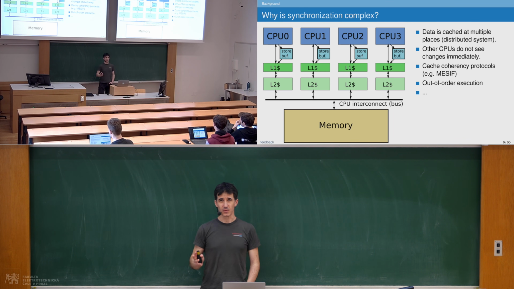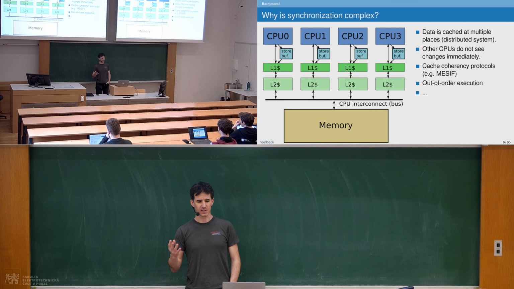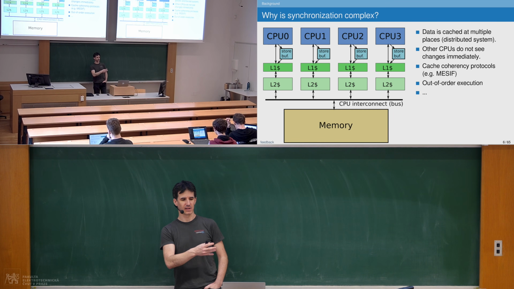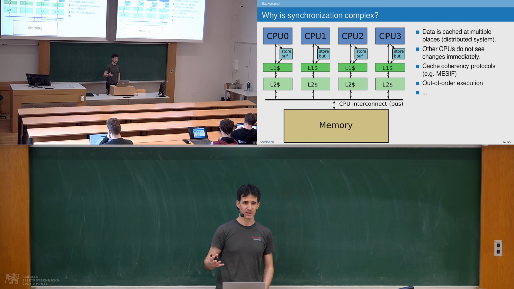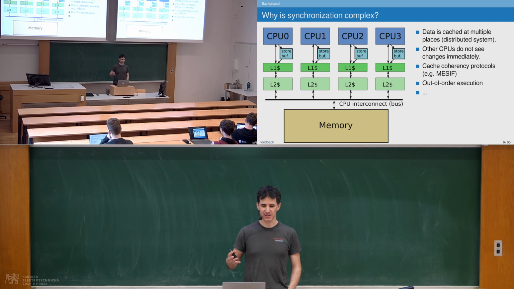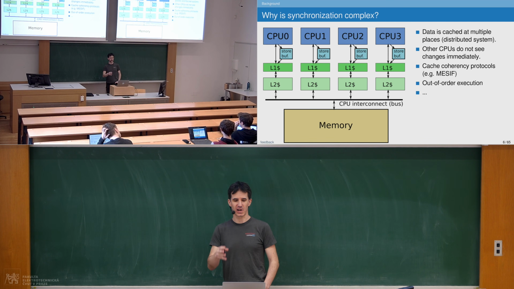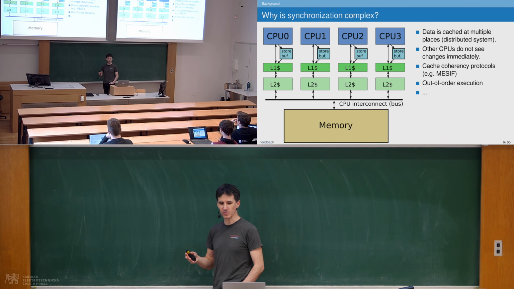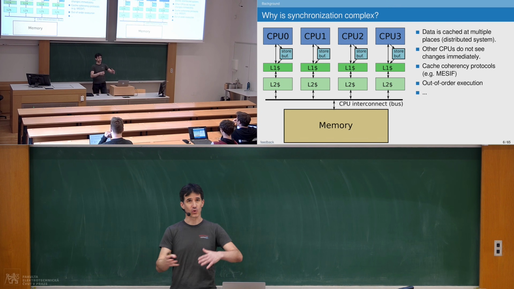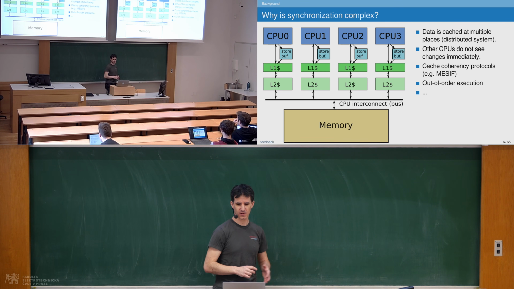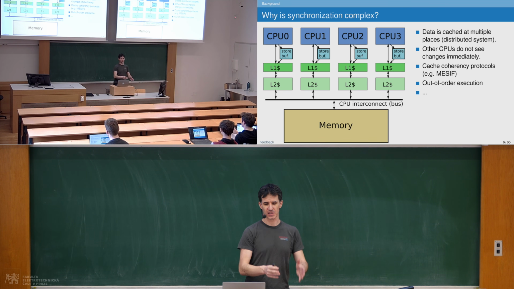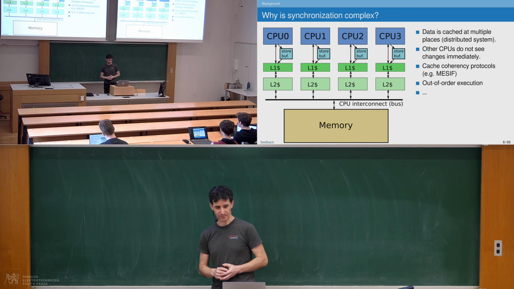In this lecture, I will somewhat interchange the terms CPU and thread. I will assume that there is one program thread running on each CPU in the system. Of course, it can be different, but for this lecture, assume one thread equals one CPU.